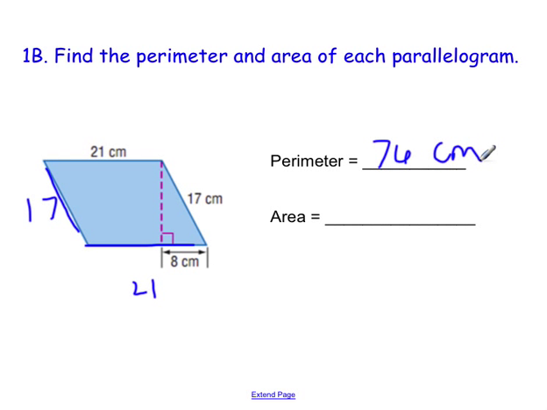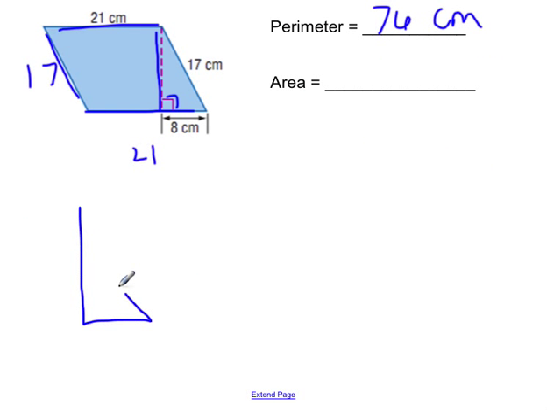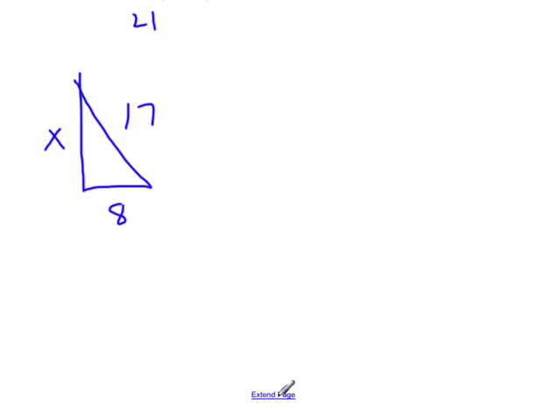Now we want to calculate out the area. Well, we know our base is 21. However, we don't know our height. But what we do know is that that is a right triangle. So we can use the Pythagorean theorem to get our height. So this is 8, this is x, and this is 17. So our height is our unknown. So remember that your hypotenuse sits across from the right angle.